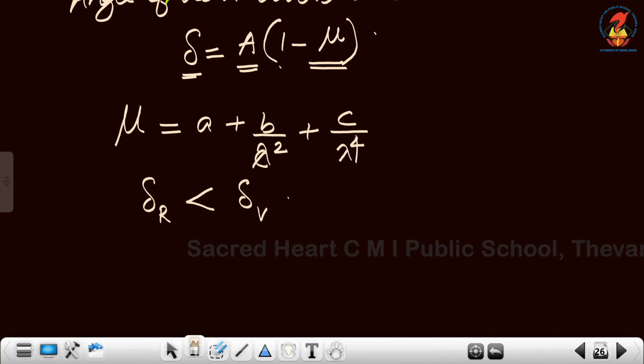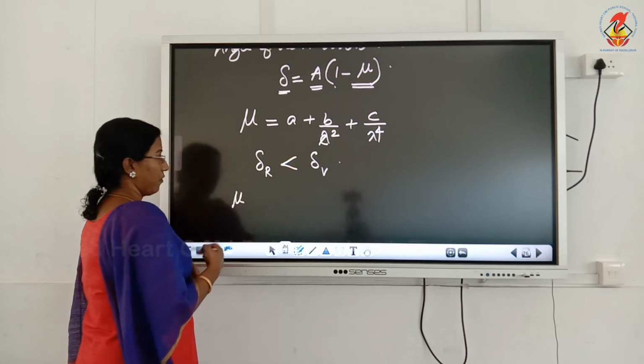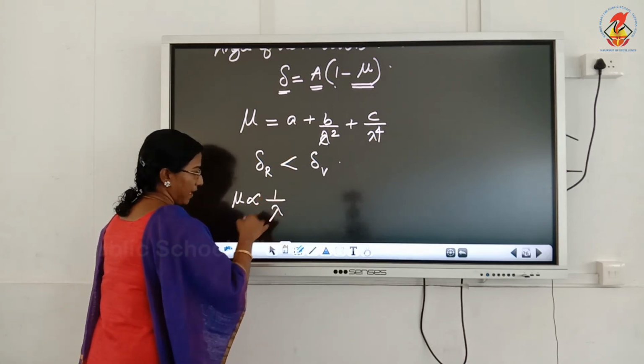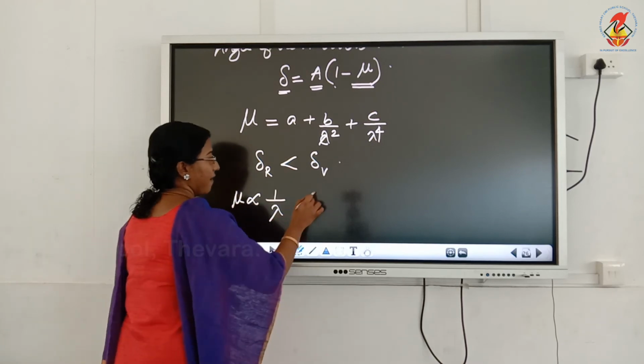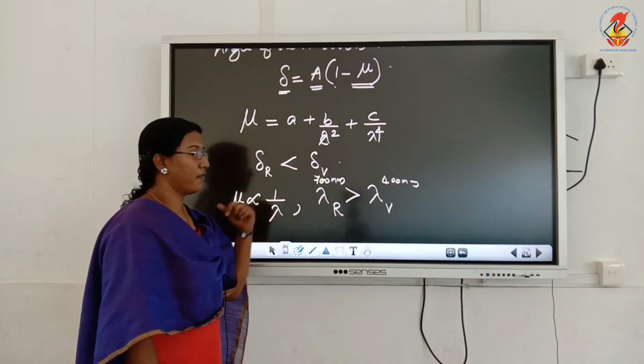Now, we know the refractive index of the refracting medium is inversely proportional to the wavelength, isn't it? And the wavelength of red light is greater than the wavelength of violet light. This has 400 nanometer wavelength. This has approximately 700 nanometer wavelength.